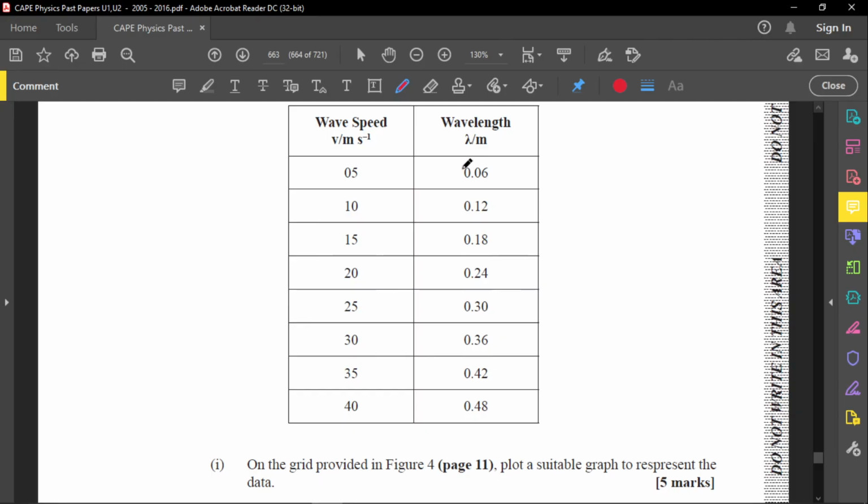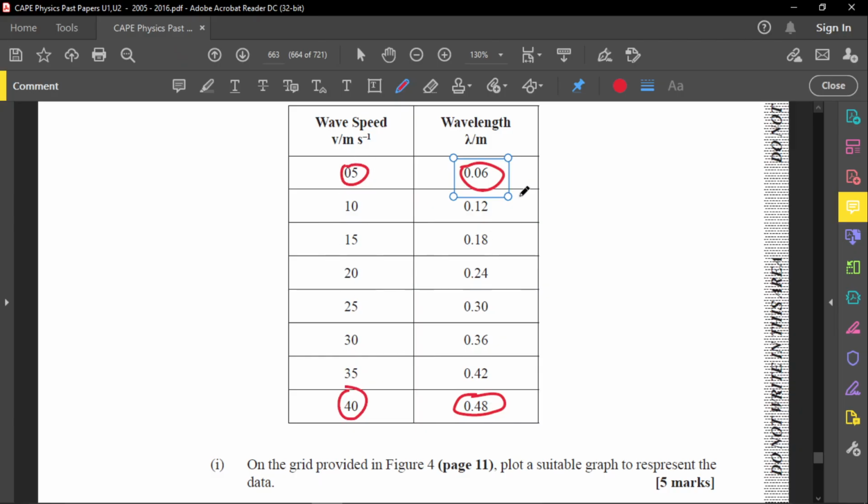My wavelength starts from 0.06 because this increases uniformly, and ends at 0.48, and I'm going to find the difference between these two numbers. For speed, I start at 5 and it ends at 40.